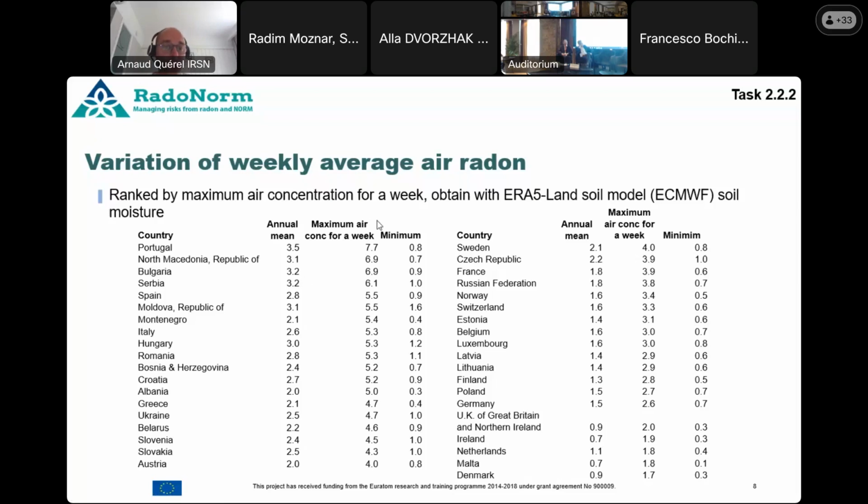It was the highest week in the whole of Europe for the year 2021. At the opposite, Denmark, Malta, or Netherlands never reached an outdoor radon air concentration greater than 2 becquerel per cubic meter. So in the whole year, we never reach a significant value of radon air concentration.